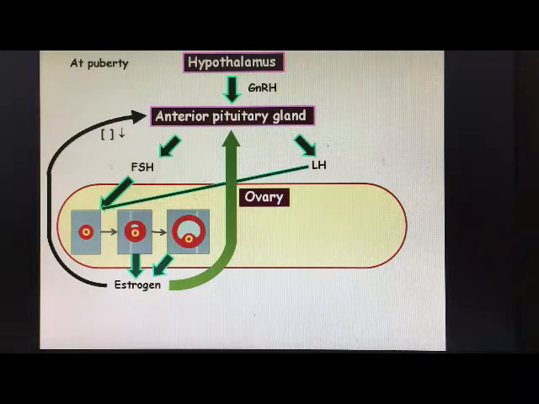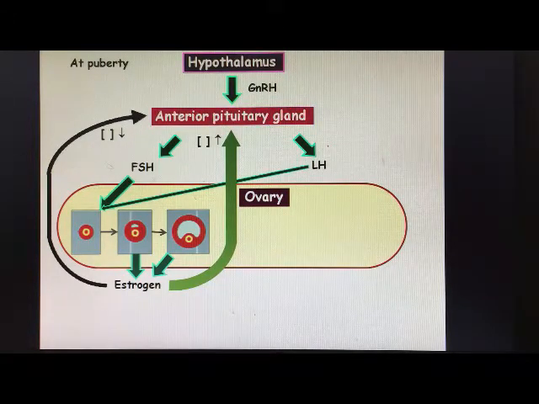When the concentration of estrogen is increasing, it causes a different effect on the anterior pituitary gland, which causes it to secrete more FSH and LH by positive feedback. During this time, LH plays a more important role than FSH for final maturation of the Graafian follicle.